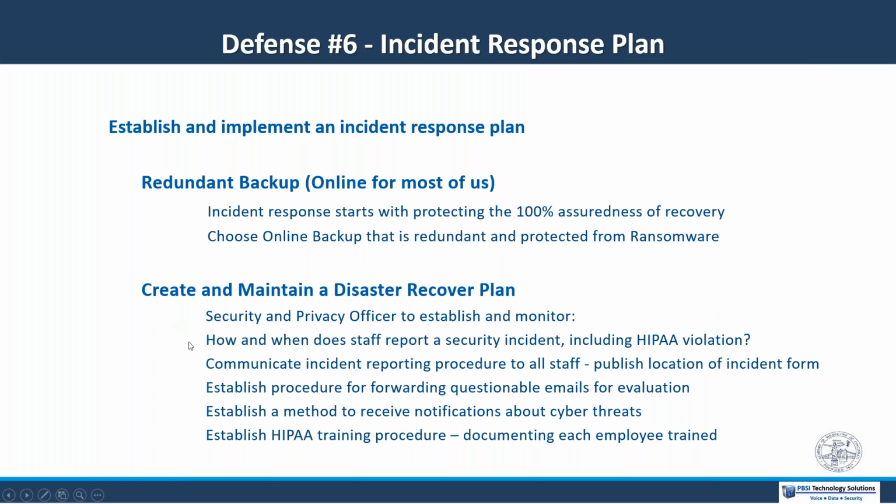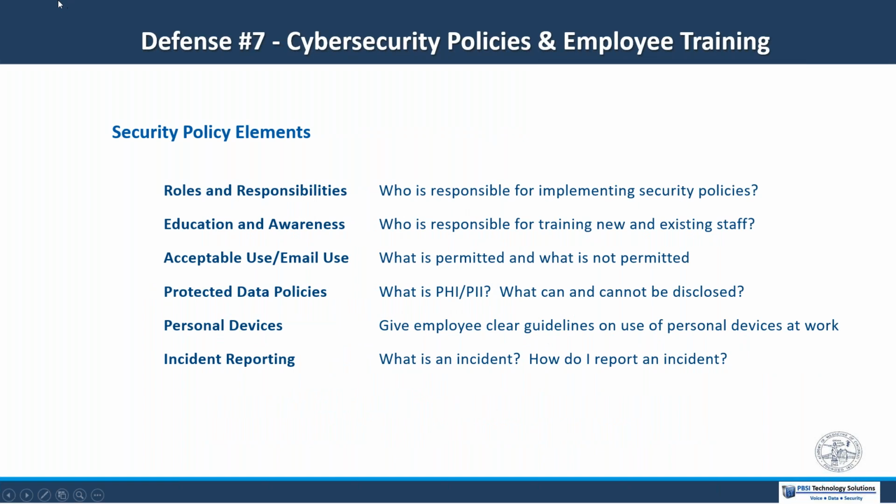But it's important that everybody knows, how do we report an incident? What's the communication process? What's our protocol for what happens if an employee gets an email that they think might be a bad email? Who can we forward that to, to have somebody who really knows look at this and say it's okay to click on this one or it's not okay to click on that one? These are the things that are a part of an effective plan, and they're not difficult, simply important.